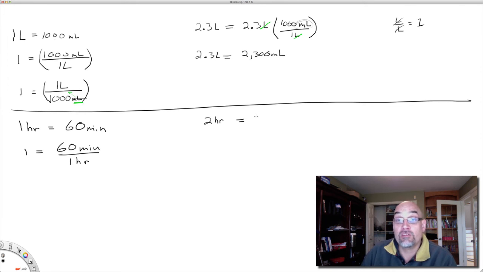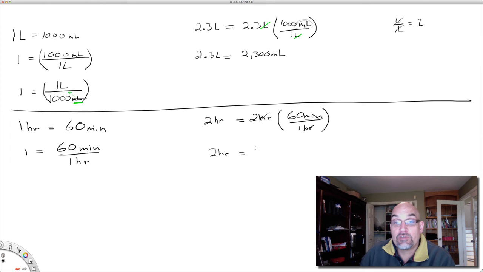But let's do all the steps. So I have 2 hours, and then multiply by my conversion factor, 60 minutes over 1 hour. Now again, look, the hours cross off, so I'm just left with minutes. So 2 times 60 is 120. And like I said, my hours have crossed off, I've just got minutes. So 120 minutes.